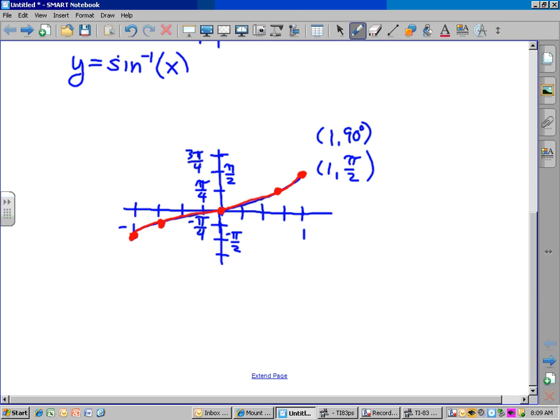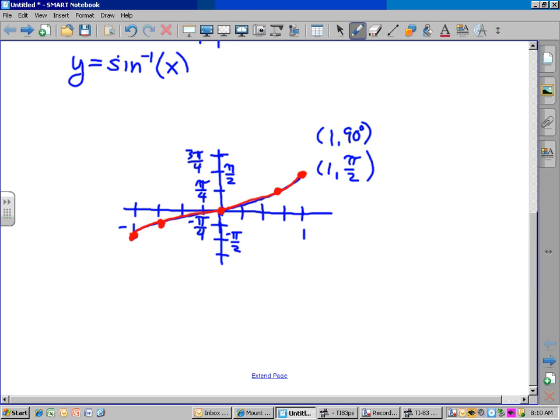So the inverse gives us angles. And you used it in geometry when you were solving triangles. I need to find that angle. We actually did it already this year. We used the inverse trig functions already when we were solving the law of sines, law of cosines. You got a side, side, side. How do you find the angle? Took the inverse cosine, right? Okay. All right, so that's the graph.